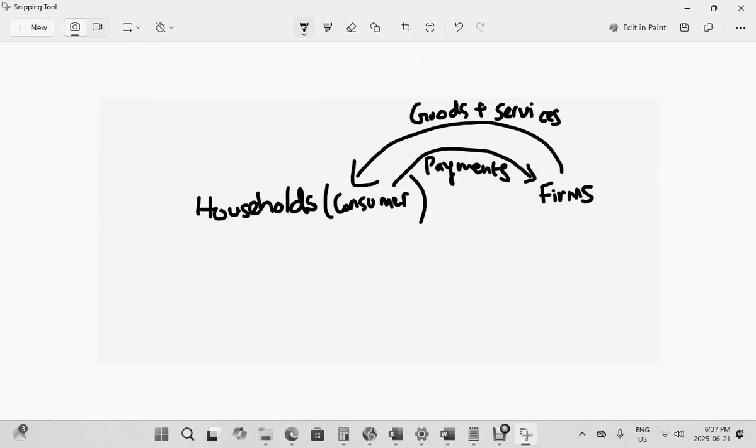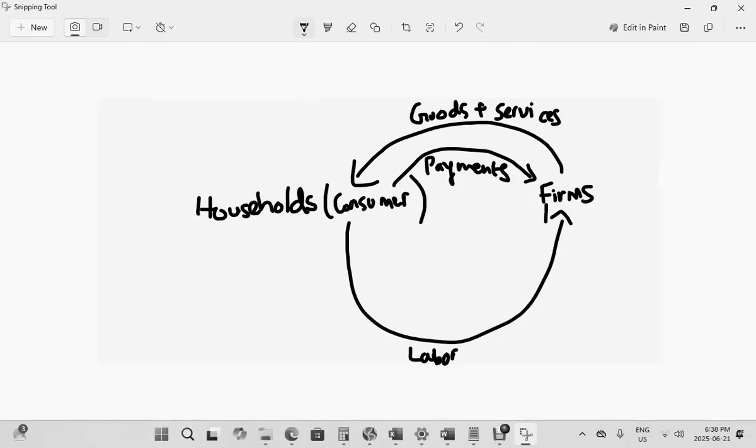Now apart from that, the households also supply something else to firms, and that is labor. So the households supply labor to firms, whether it's a factory, a warehouse, a retail store, a distribution center, a construction site, and so on and so forth.